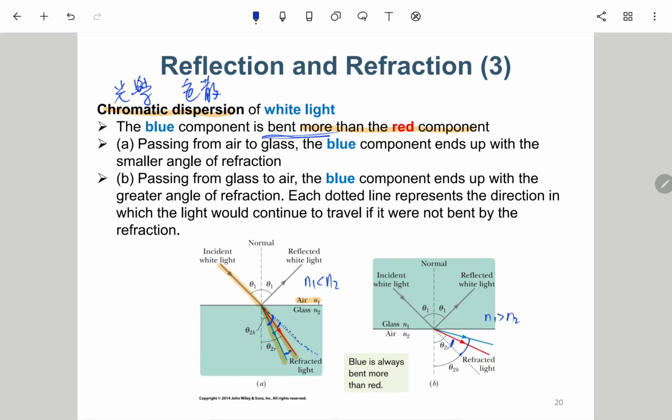because the red light, with a longer wavelength, will bend less. Of course, as I mentioned again, the figure exaggerates the angle difference.